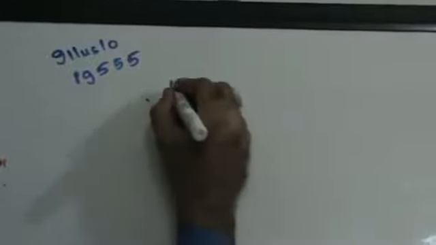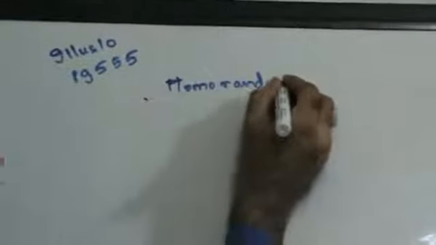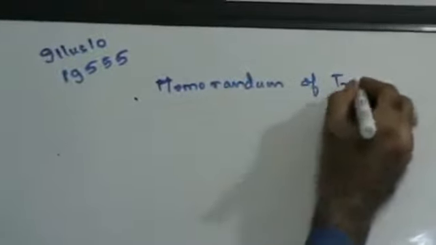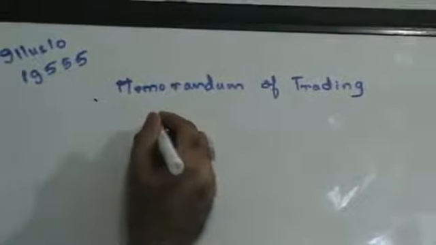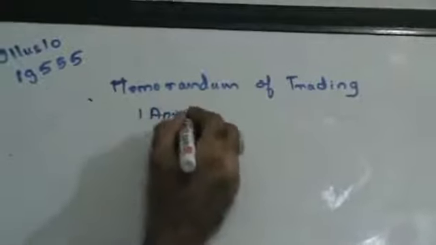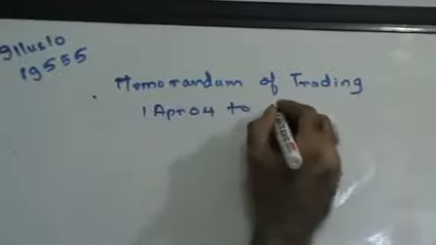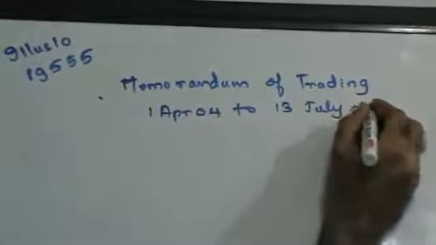Insurance policy is 15,000. The following particulars have been extracted. Let's make a memorandum trading account. They closed their books of accounts on 31st March. That means from 1st April 04 to the fire on 13th July 04.